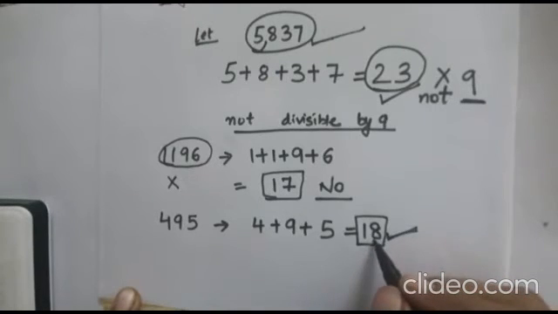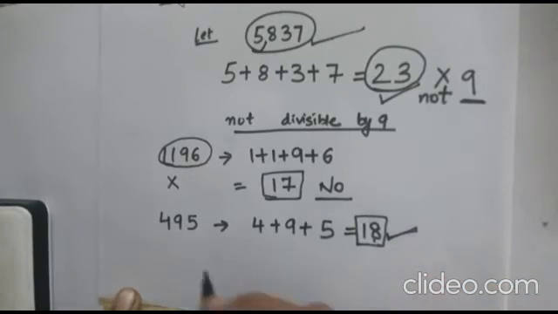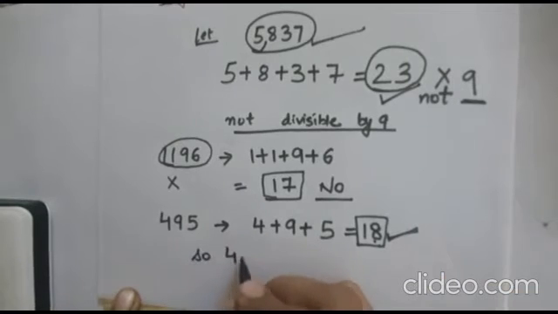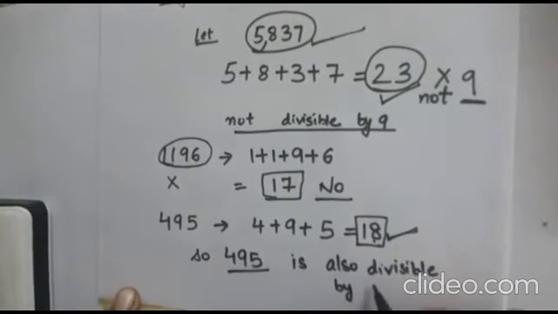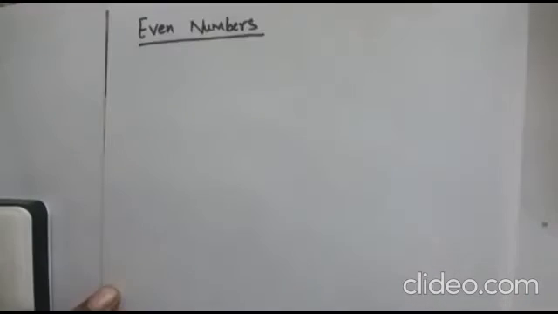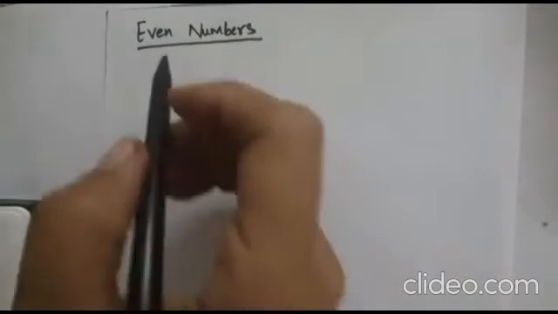And if this is divisible by 9, so 495 is also divisible by 9. Clear?